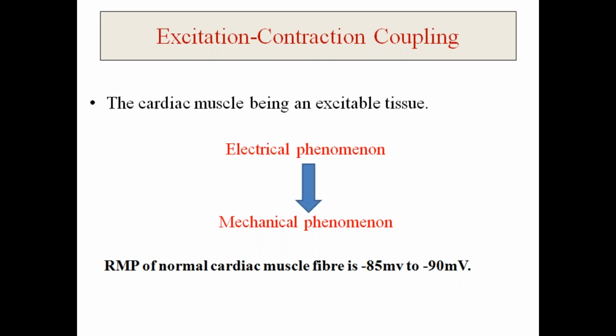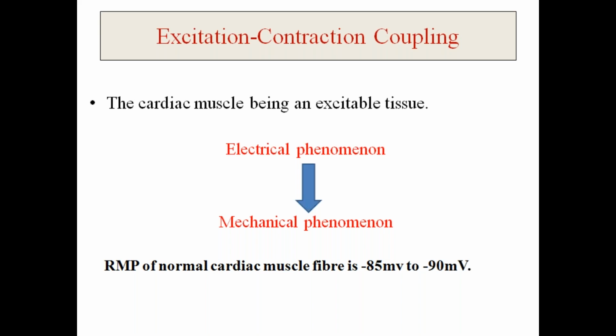This electrical and mechanical event are coupled through an ion which we call calcium ion. Because the purpose of this electrical event is to increase the level of calcium in the sarcoplasm, and in response to this increase in calcium, there will be contraction. And we know the role of calcium.